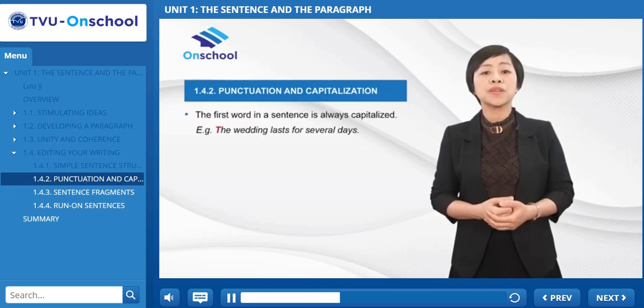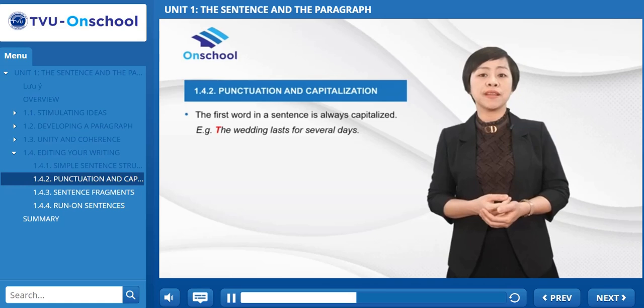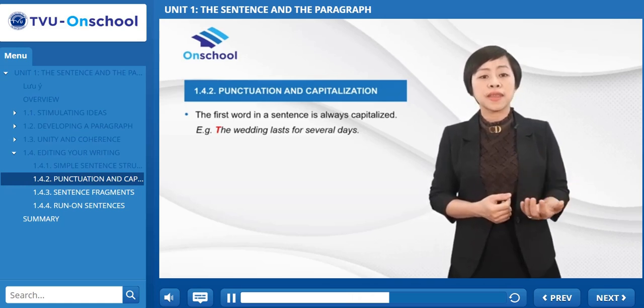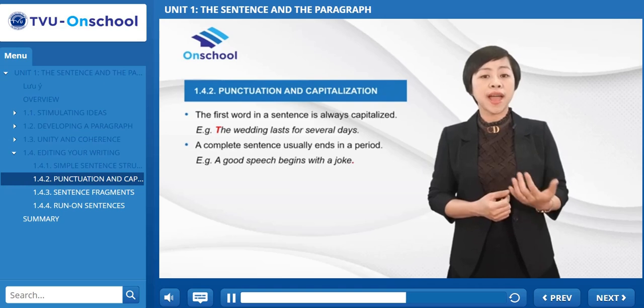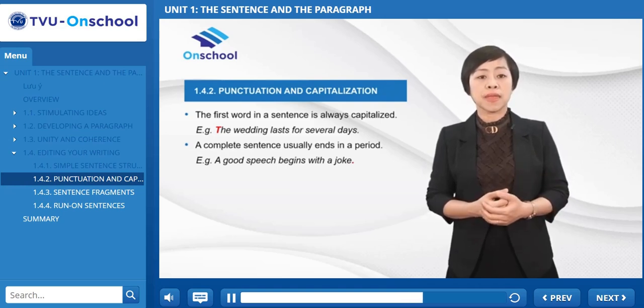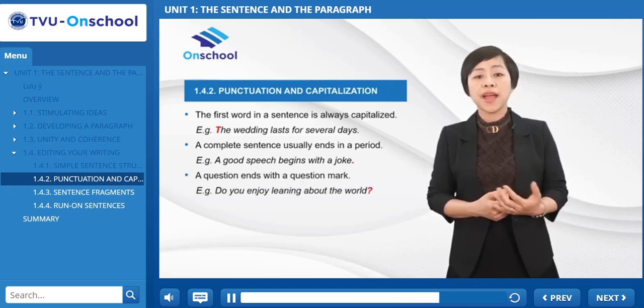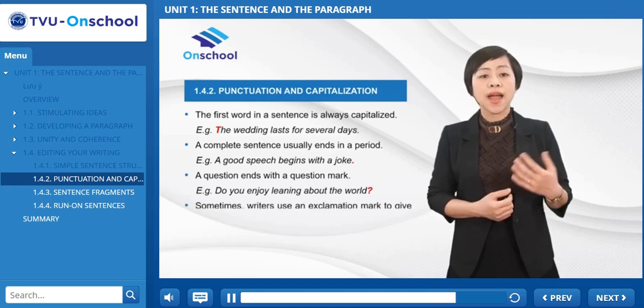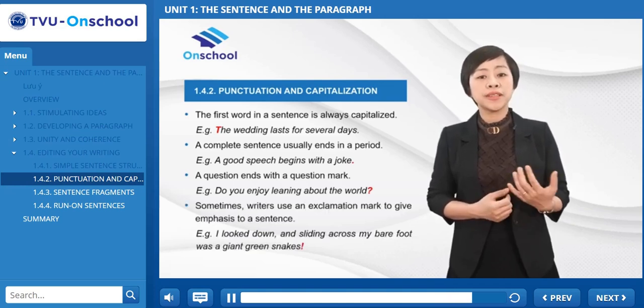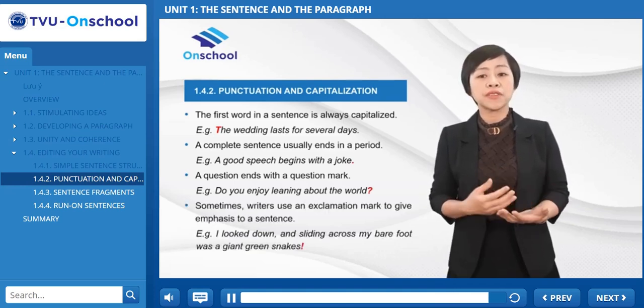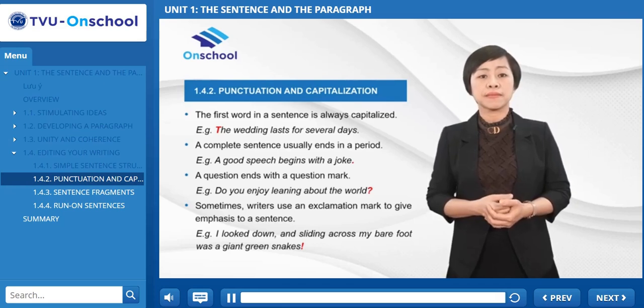First, the first word in a sentence is always capitalized like letter T in the example. Second, a complete sentence usually ends in a period. Third, a question ends with a question mark. And sometimes writers use an exclamation mark to give emphasis to a sentence.